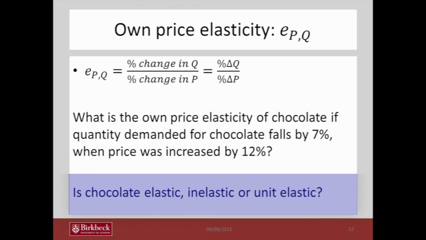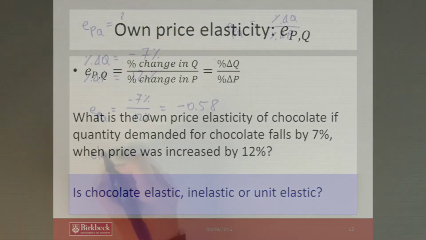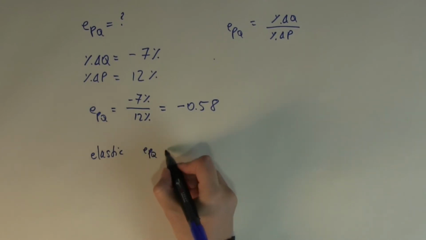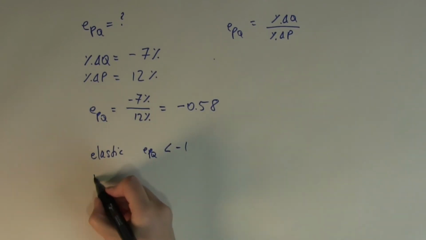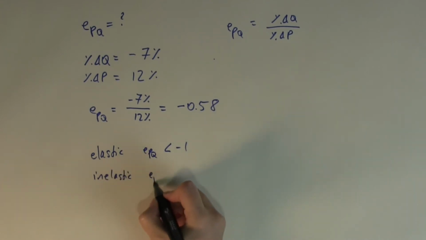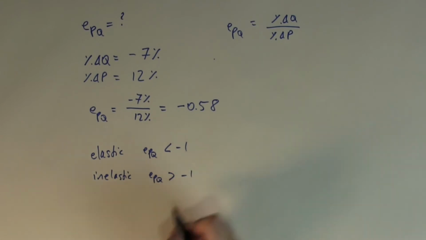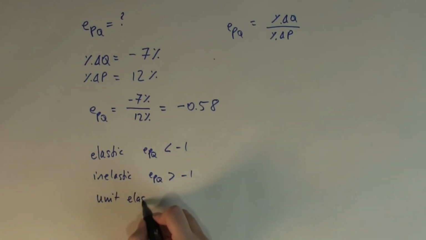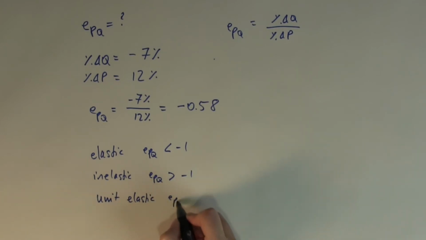Next question: is chocolate elastic, inelastic, or unit elastic? Okay, so remember, elastic was when EPQ is less than -1, inelastic when EPQ was bigger than -1, and unit elastic is when EPQ is exactly -1.